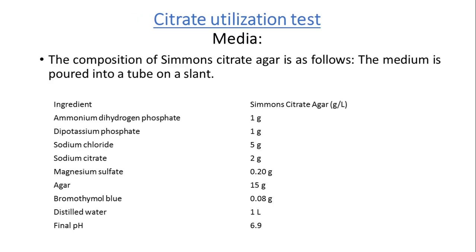So this biochemical test requires a specific culture medium, that is Simmons citrate agar medium, that contains sodium citrate as the sole carbon source and ammonium dihydrogen phosphate as the sole nitrogen source. The pH of the medium is 6.9, which is less than 7, slightly acidic, and the bromothymol blue at this pH has a dark forest green color.